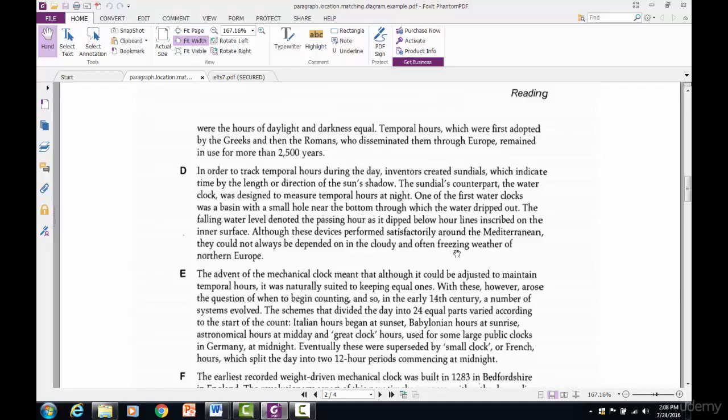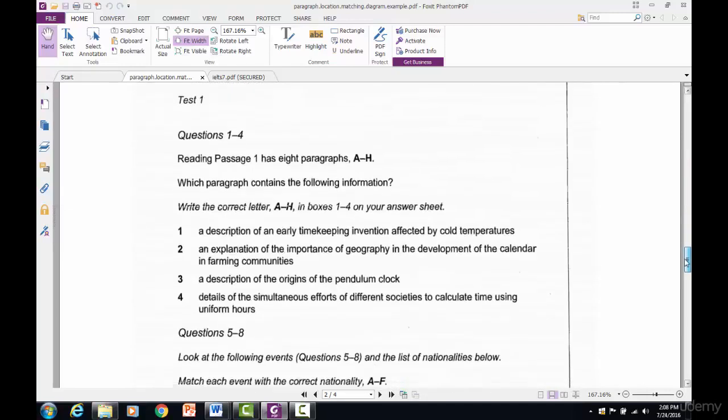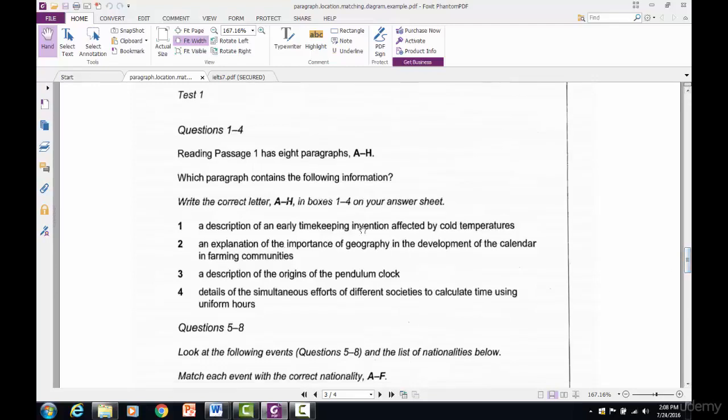Here we go. Freezing weather. Freezing weather of Northern Europe. So in this paragraph D, we have an invention of the sundial, and we have a mention of cold weather, freezing weather. So that means number 1 is paragraph D.